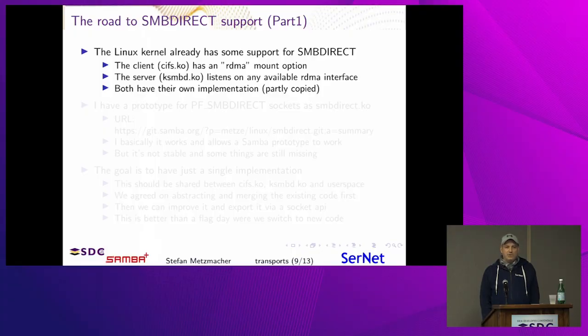But the thing is that both were copied from each other, but then developed in other directions. So we have almost the same code twice, but some bugs are there and some bugs are there, and it's a bit confusing.